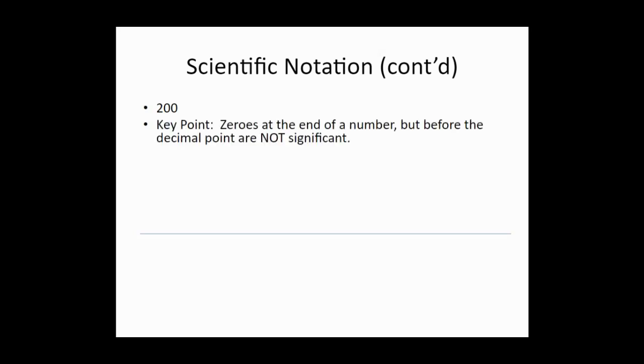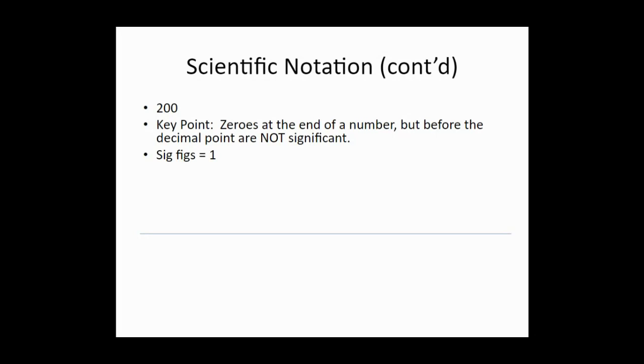Let's see, the number 200. So in this case, we have to figure out how many significant figures we have in this number. This can be a little confusing. So remember that when we have zeros at the end of a number before a decimal point, they are not significant. So if you simply write the number 200 by itself, how many sig figs does it have? Just 1. Just the 2 is significant.